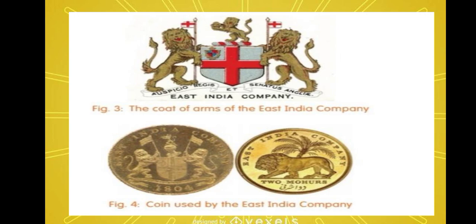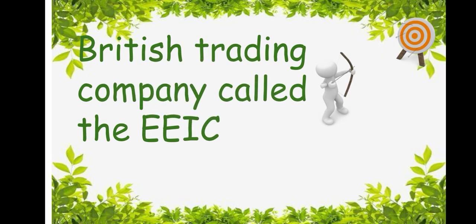lesson plan. Now open your book and see the picture of the coat of arms or the logo and the coins of the English East India Company in your content book. Now see it carefully and tell me, what does this say about East India Company, and why do your notebooks and uniform have the same logo, and why could they issue coins?